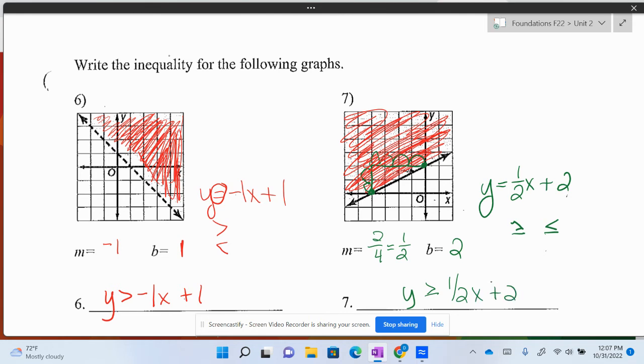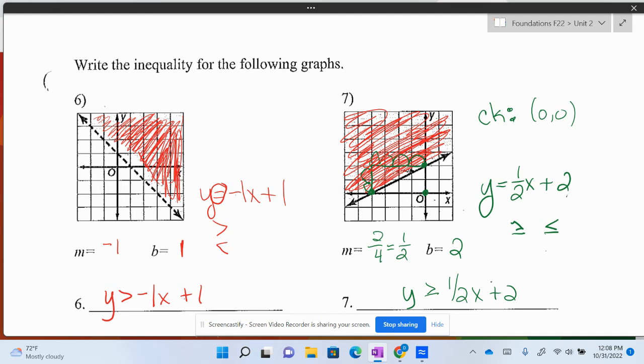I want to check this to make sure I'm understanding it. So I'm going to use the point 0, 0 right here and see if that makes it true. Should the point 0, 0 make the inequality true? Should this point work when I plug it in? Why not, Brody? Because it's not on the side that's shaded. Yeah, it's not in the shaded region. So let's plug it in.